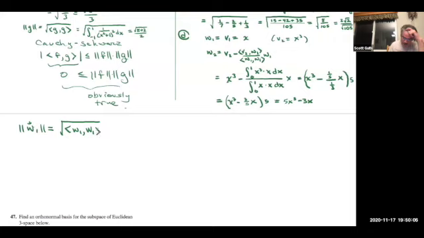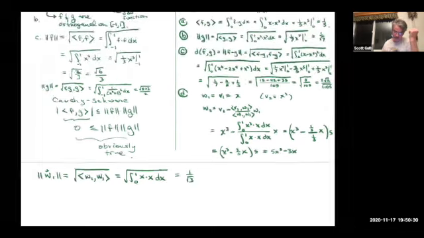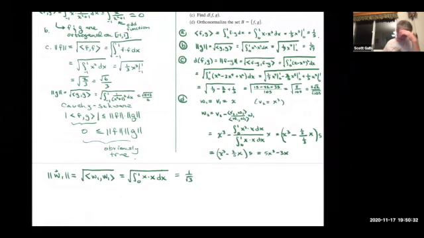And W1 is just the x. So you're going to do the square root of the inner product, which is the integral from 0 to 1 of just x times x, and there'll be a dx. So in the end, I think you're going to get a 1/3 out of that. Okay, and we have to take the square root of that. So it's going to be 1 over the square root of 3.